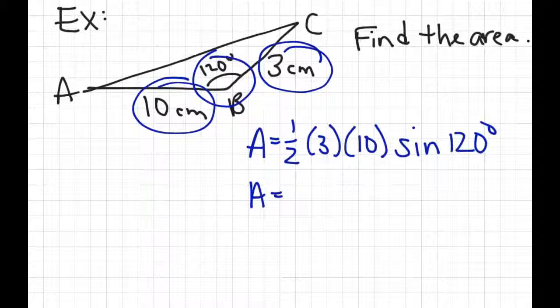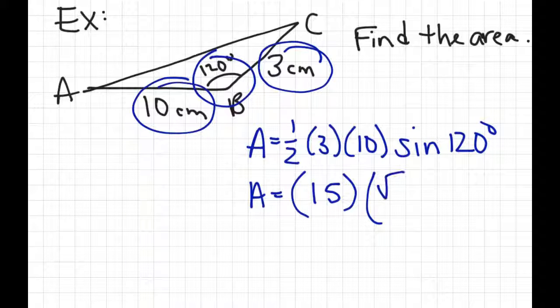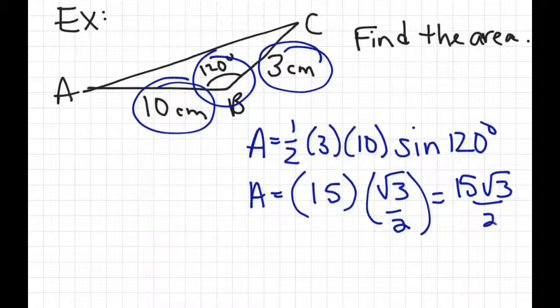Well, this is going to be 1/2 of 30, which is 15, times the sine of 120. Well, the sine of 120 is the same as the sine of 60, because that's its reference angle, and the sine of 60 is the square root of 3 over 2. So the area is 15 square root of 3 over 2 square centimeters.